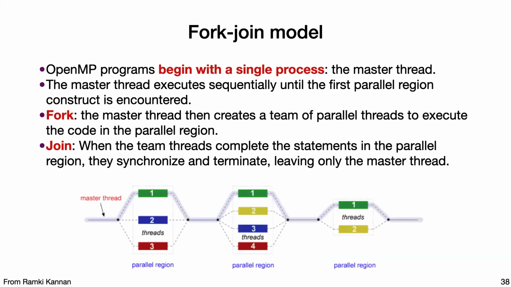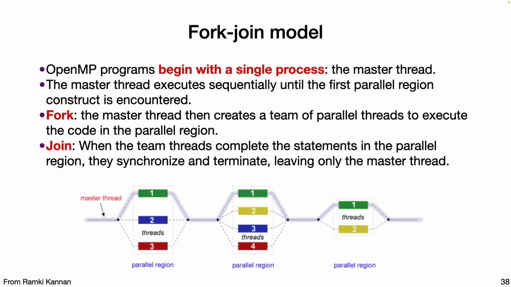The way the actual threading works is similar to pthreads. Again, you start with a single process and keep going sequentially until you get the first parallel region construct, where in your code you tell the compiler which part can be parallelized. Then you have fork, which means the main thread can create parallel threads to do the code in the parallel region. Once you're finished, there is a join, which completes the statements, and then they synchronize and terminate, and you continue executing sequentially.